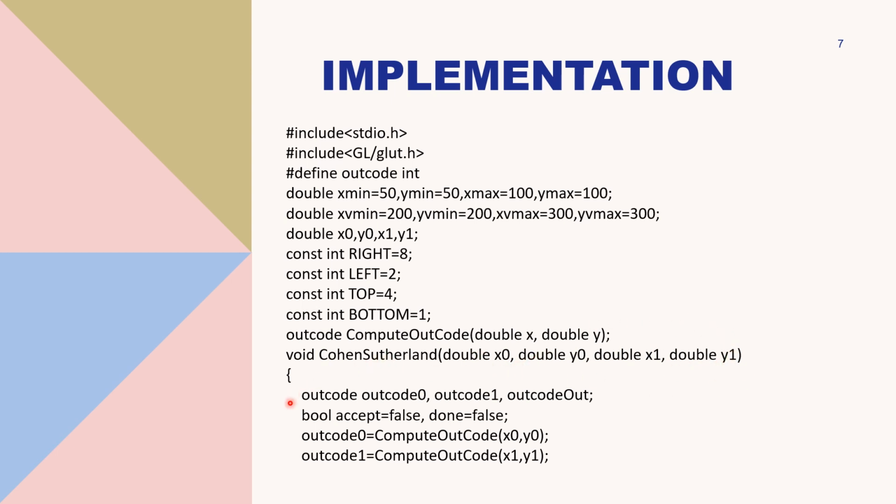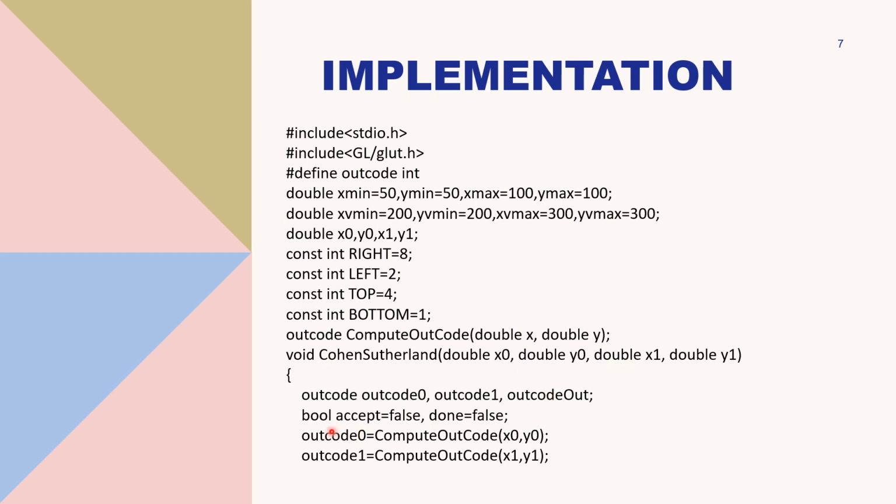Then let's see the next part. Here the outcode is the 4-digit binary code. The first, outcode0, represents one endpoint of a line, and the next, outcode1, represents the other endpoint of the line. The line has two endpoints, one is outcode0 and the other is outcode1, and outcodeOut is the point which is outside the window.